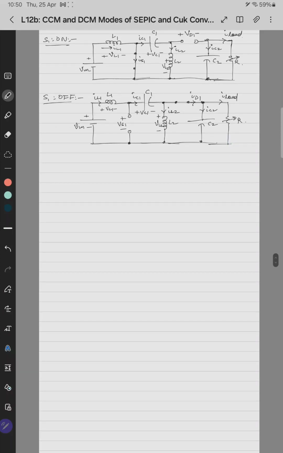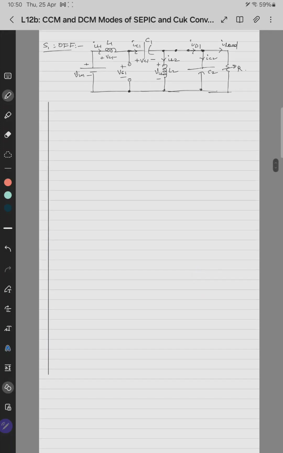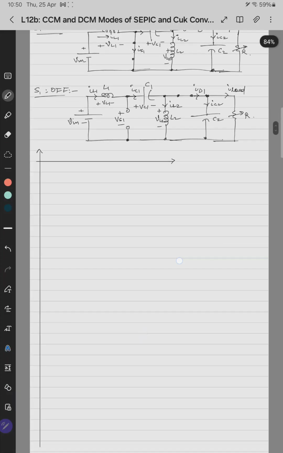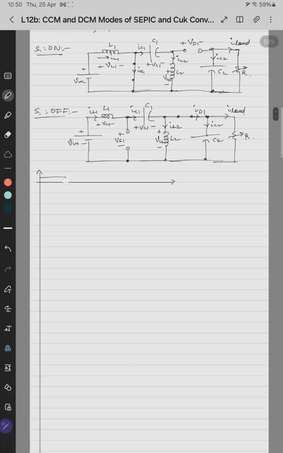For that we'll draw this. First we'll draw the switching pulses. Say that these are the switching pulses S1. This is time t.